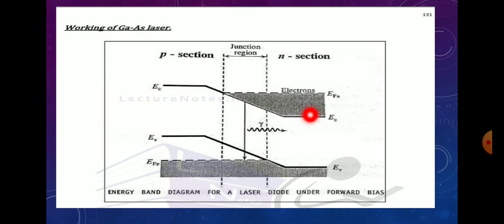The area below the Fermi level is fully filled with electrons.